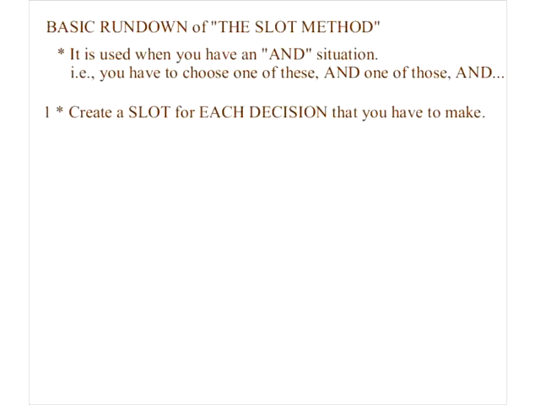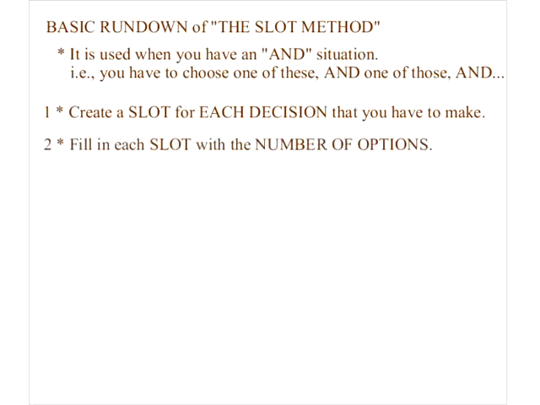So fill in each slot with the number of options. In other words, how many ways can you fill in that slot? And then you should multiply. Okay, there's going to be a step 4, which we'll get to in a second. But for now, we'll leave step 4 blank.